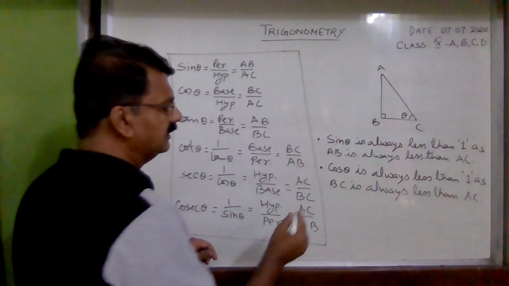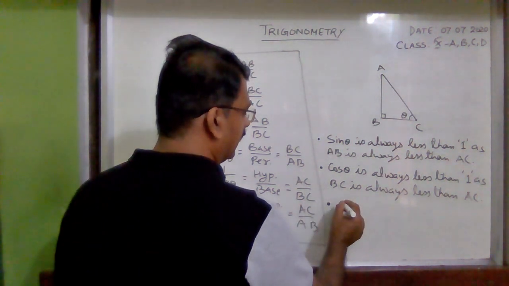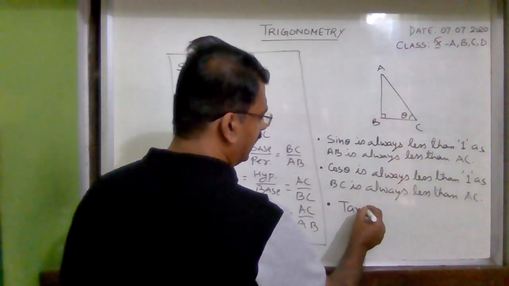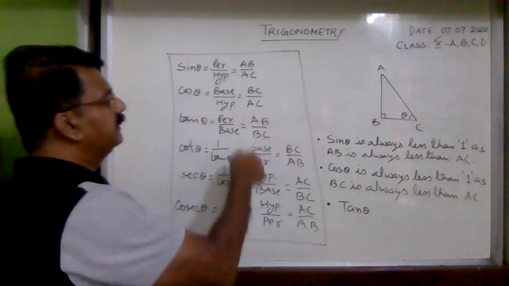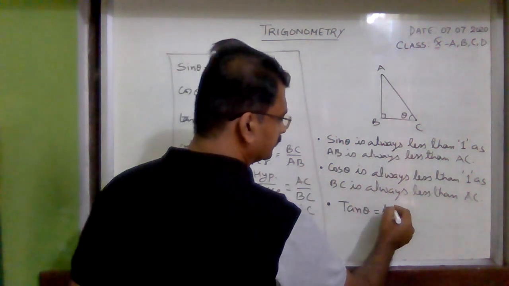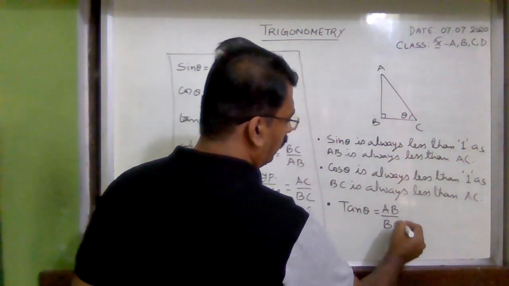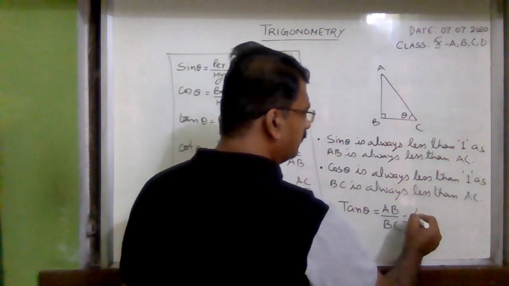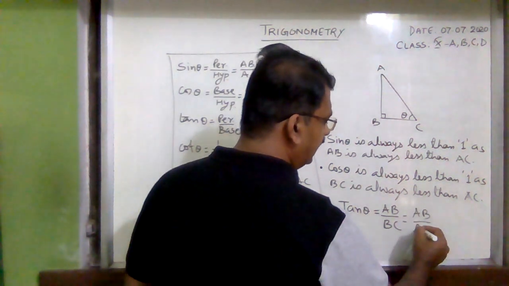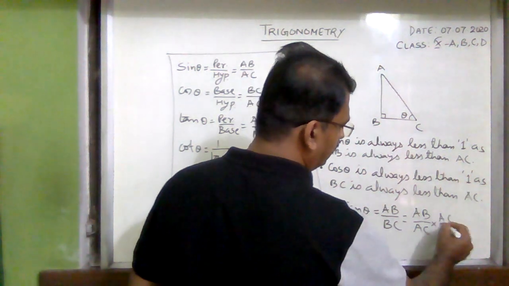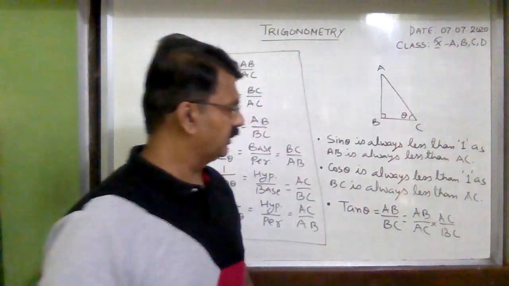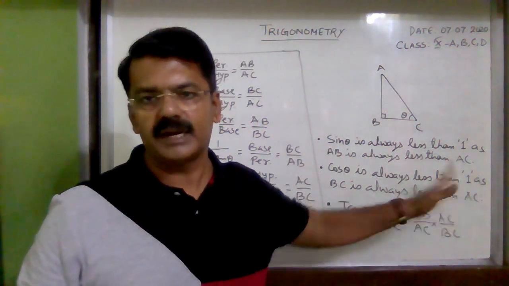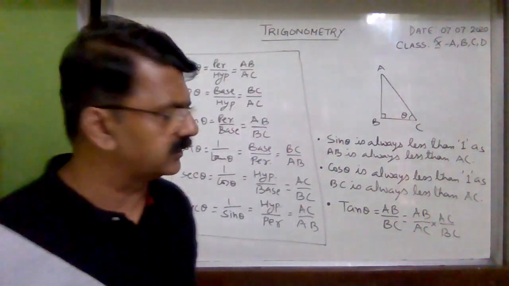One more thing: tan theta I have written as AB upon BC. Now AB upon BC can be written as AB upon AC into AC upon BC, because we have divided by AC and multiplied by AC, which we can do in any fraction.